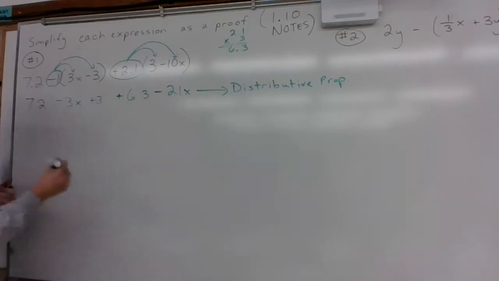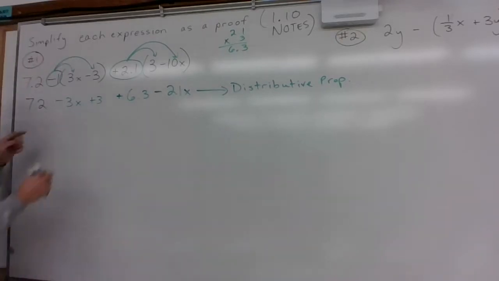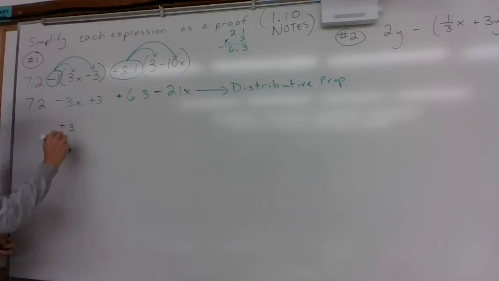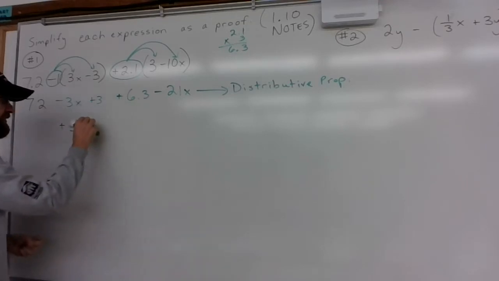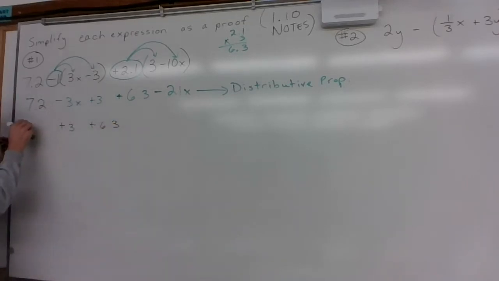Next one is the property in which we need to rearrange things so that the like terms are side by side. So I'm going to flip around the 3 and the negative 3x, put a positive 3 here. And then the negative 3x is here. I'm going to flip it again with the plus 6.3. So now it's side by side with the 7.2.